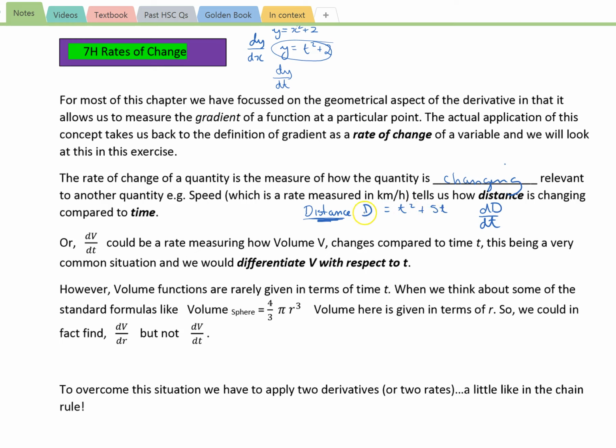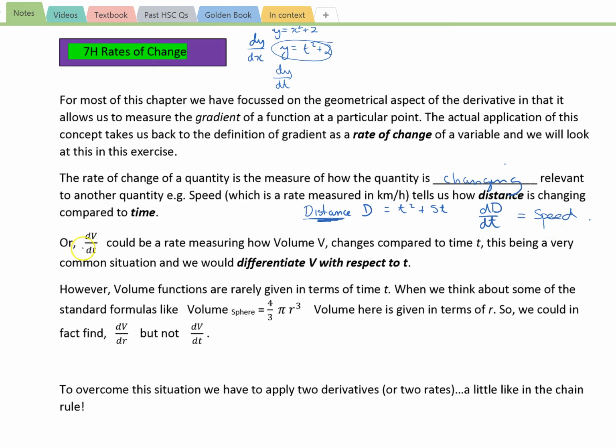So I've got an expression for d in terms of t. It stands to reason I could mathematically find dd/dt, differentiate this expression d with respect to t. The other thing about this is that it represents in real life the change in the distance with respect to time. That actually is a quantity that we refer to as speed. So the derivative is giving us another quantity that we understand.